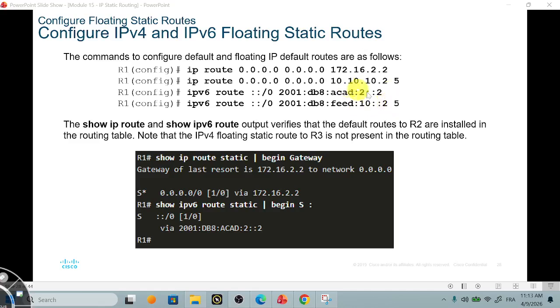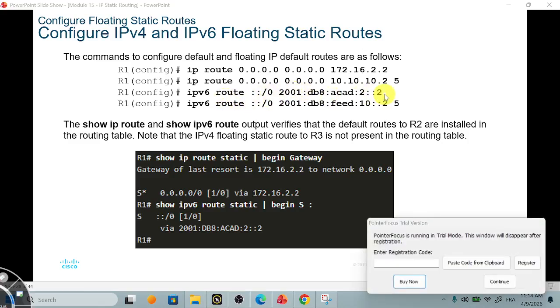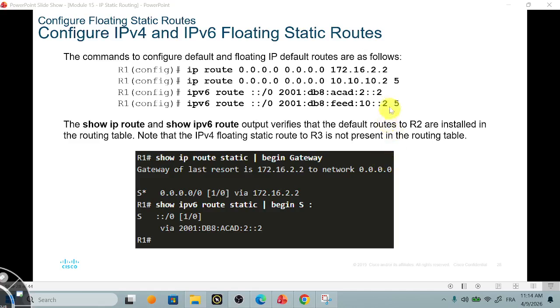So as you are defining, this is the main path, but this is the backup path if this is not available. Use this primary path; if it's not available, use this second one. Because we want the router to always choose this one, we make the value here 5 and here by default 1. So if it's 1, it should always use this route if it's available.